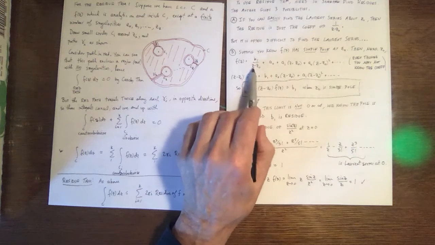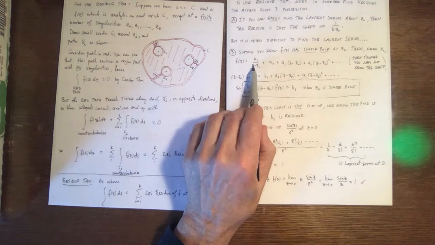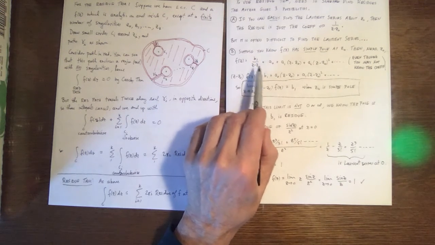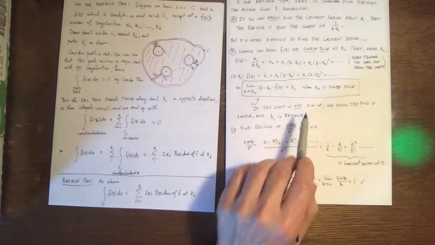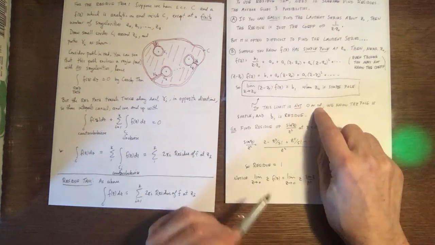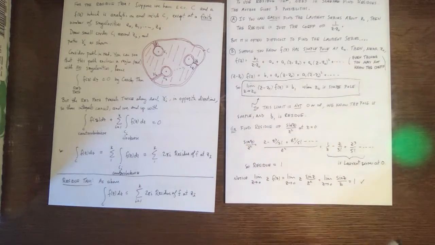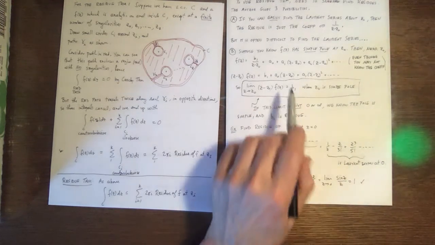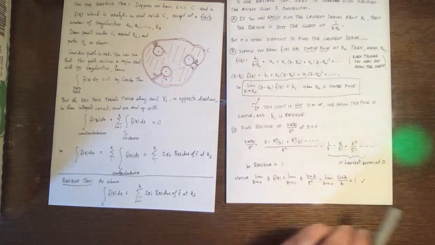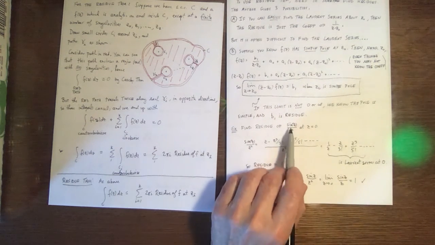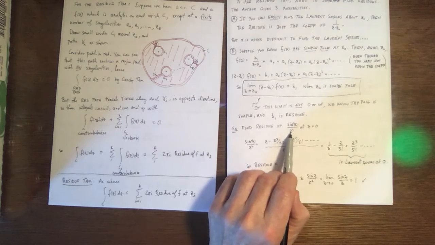But the case where there actually is one negative term, and it's just the negative 1 power, that's the case where this limit will be bigger than 0 but less than infinity. And in fact, after the fact, you'll see that it was a simple pole, and this is in fact the residue.